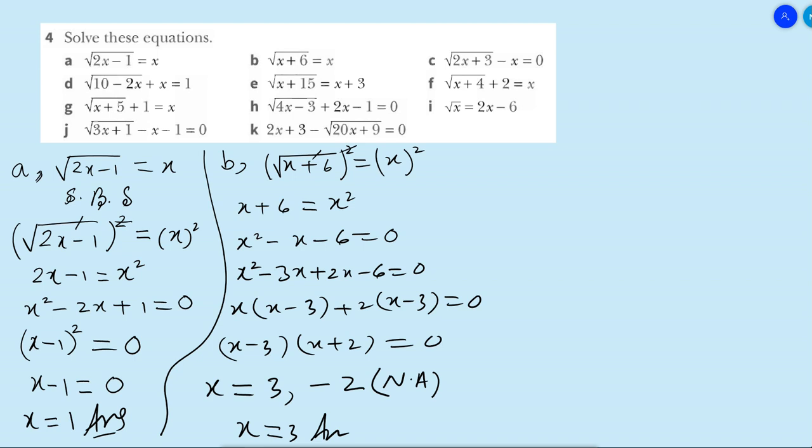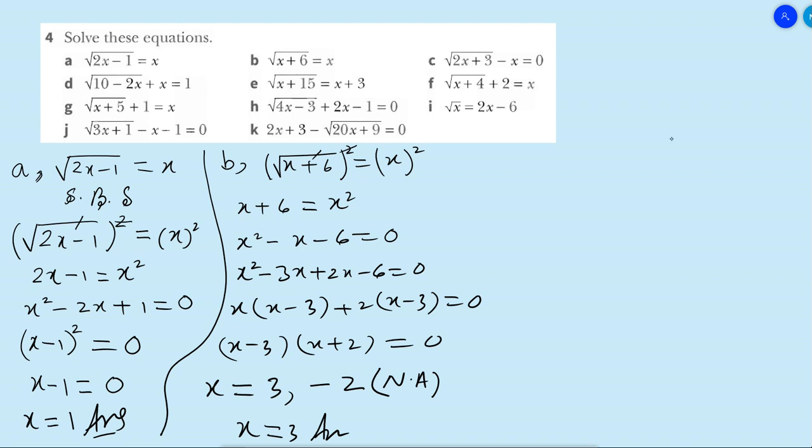I am not including minus 2 because whenever we solve equations which are related to radicals, square roots, we always check the answer. How to check the answer? Just put the final answer in the question.